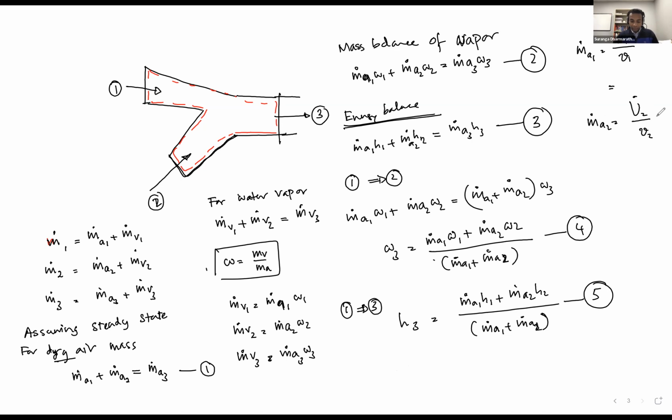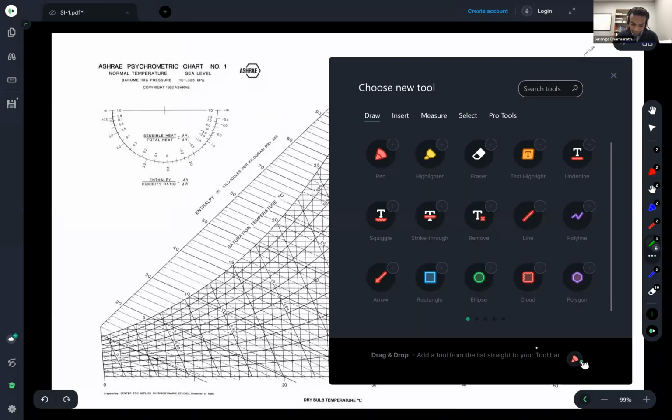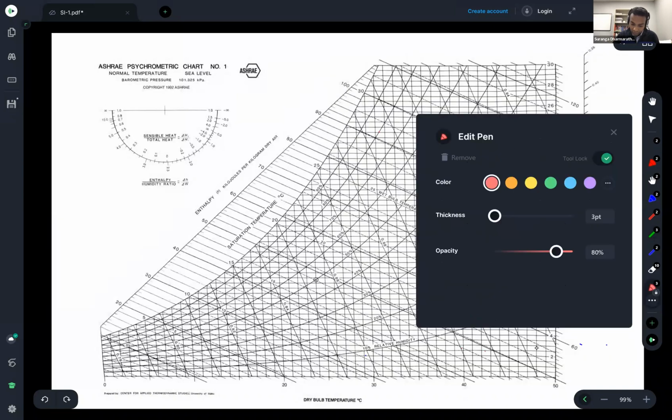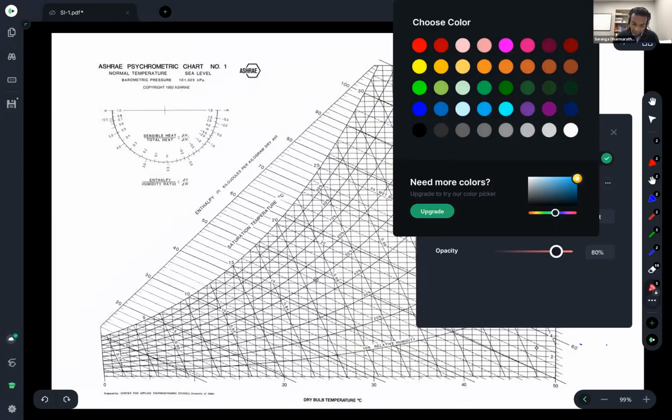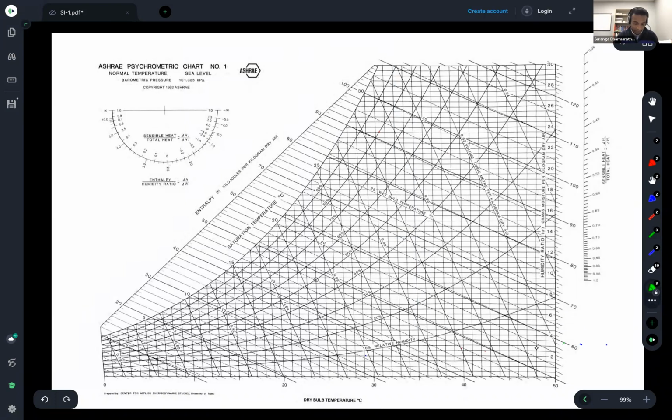Now, by going to the psychrometric chart, sharing the psychrometric chart. Okay, so here we are on the psychrometric chart.